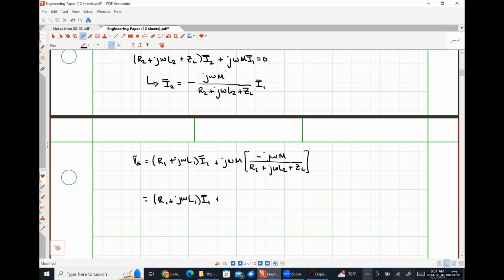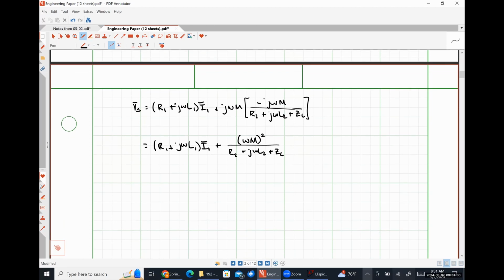So that allows me to write this as omega M squared in the numerator, positive, divided by R2 plus J omega L2 plus ZL, times I1, which I missed earlier.